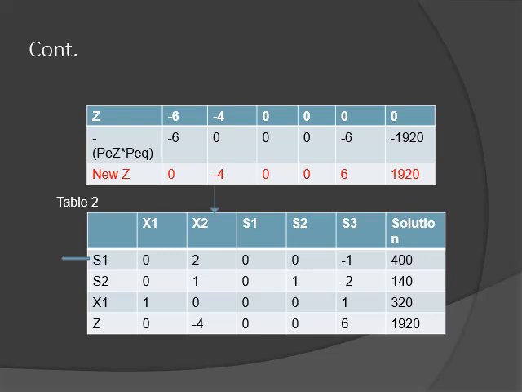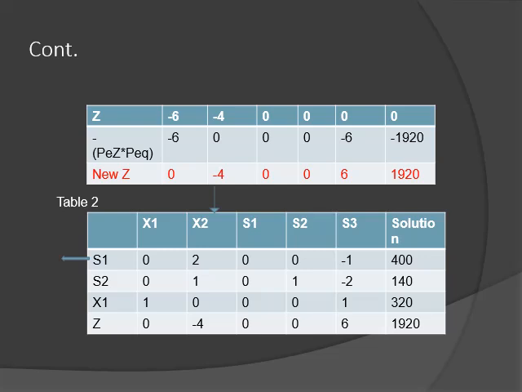So the new table consists of three basic variables. Now x1 is the new basic variable instead of s3.